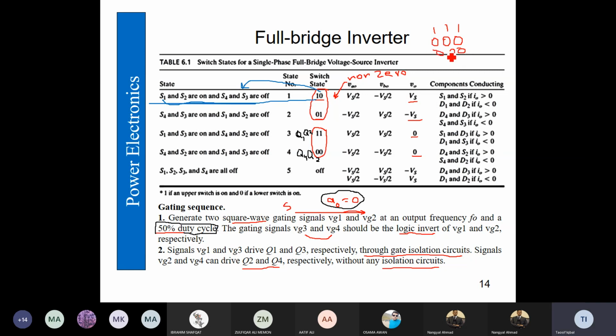Okay, so these two are the zero states in the 3-phase scenario, and all other in-between states are non-zero states. ठीक है? So अगर हम non-zero states की बात करें for full bridge inverter, that is 1, 0 and 0, 1. जबकि 1, 1 और 0, 0 जो हैं, they are zero switching states because they produce 0 voltage. They do not produce anything across the load.